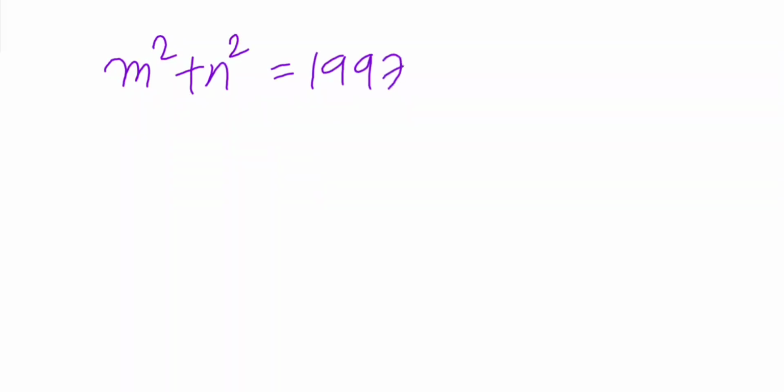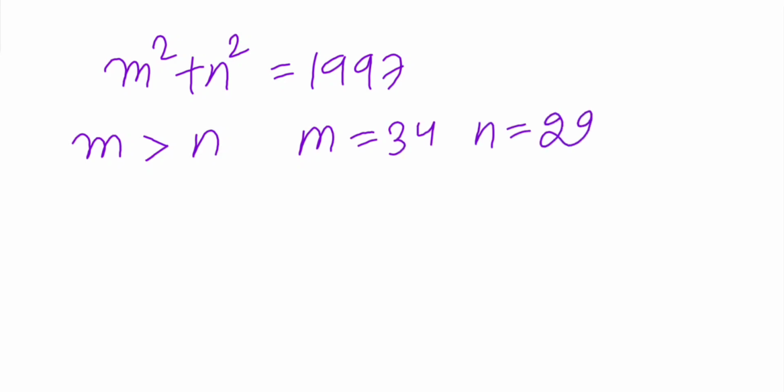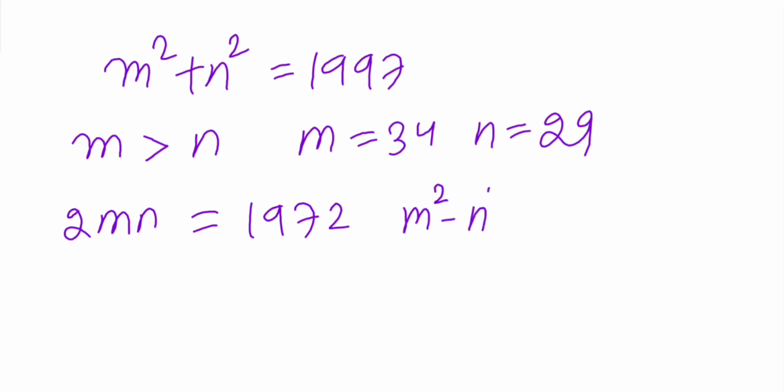Solving this equation in positive integers gives me, suppose m is greater than n, then m is 34 and n is 29. Hence 2mn becomes 1972, and m square minus n square is 315.